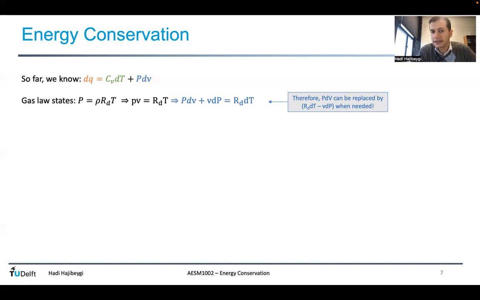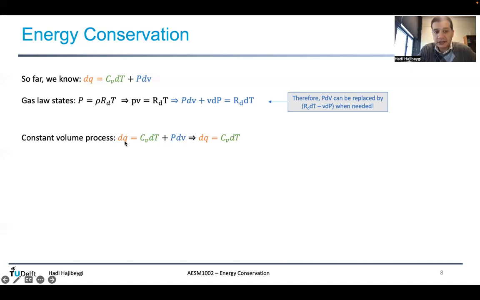So why would I do that? It helps me correlate the constant volume or constant pressure processes with the R dT, the change of the temperature, which is pretty much measurable. Let's see it in practice. If I have a constant volume process, change of the internal energy of the system, which was Cv dT, and the work performed on it would balance with the heat added to the system.